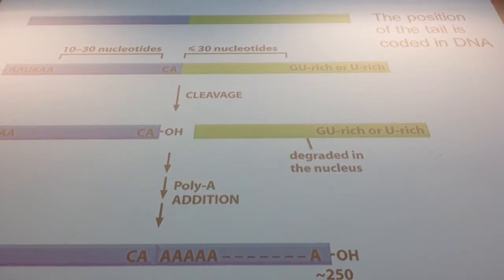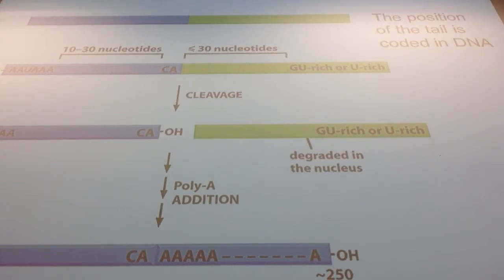Yes, ma'am. So by the time the 3' end already gets polyadenylated, the 5' end's already been capped? Yes. Long before. Okay. So far so good. Now by the time the primary transcript, or the mRNA now, we can call it the mRNA, is polyadenylated, it is not quite mature yet.